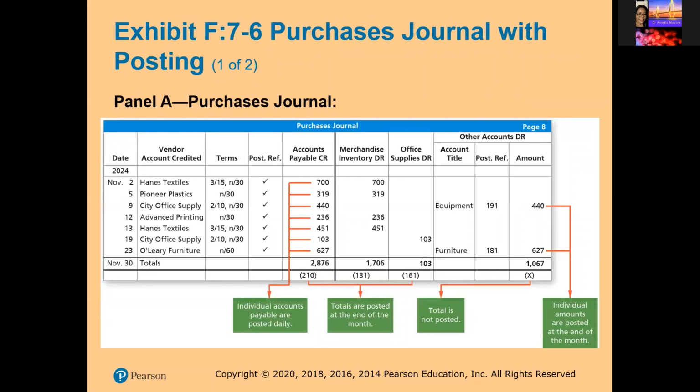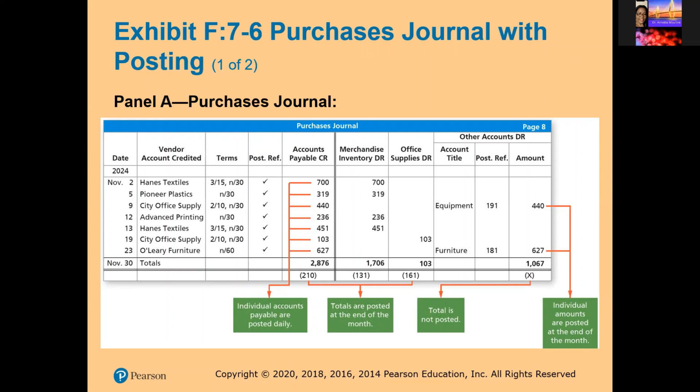Here in this exhibit, it illustrates a purchases journal. You have panel A, and posting to the ledger in panel B, which will be shown on the next slide. The purchases journal has special columns for credits to accounts payable and debits to merchandise inventory, office supplies, and other accounts.